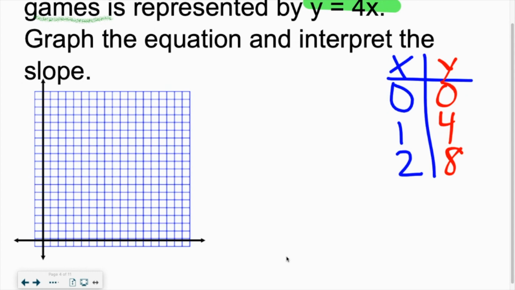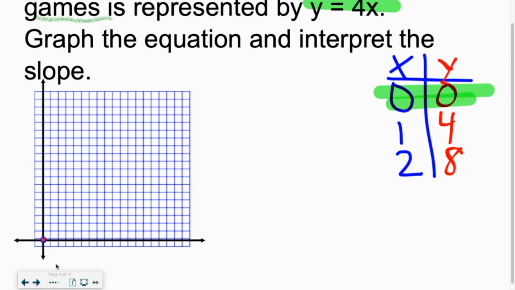You also know that it's going to be a proportional relationship, since we've got this 0, 0. If you rent no video games, you spend no money. So then you could put a nice, lovely little dot there on 0, 0. And then from there, you can graph those points, 1, 4, 2, 8.